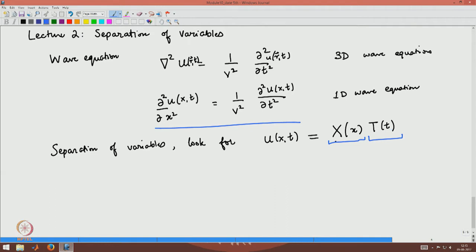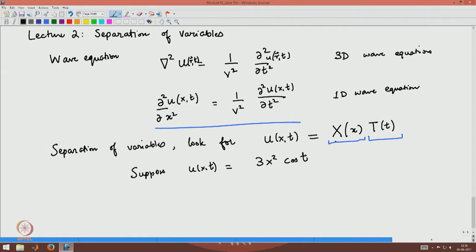Now the first thing you might think is, can you always do this? Suppose u(x,t) is equal to 3x² cos t.